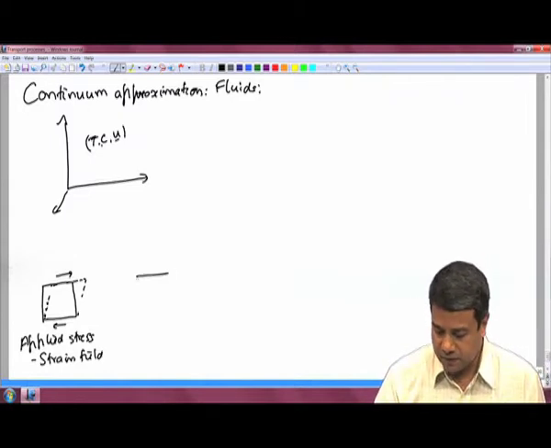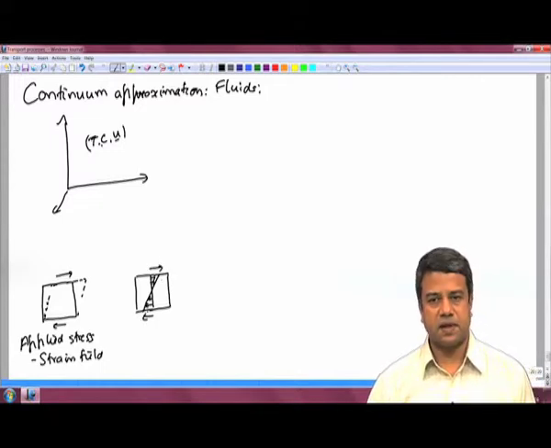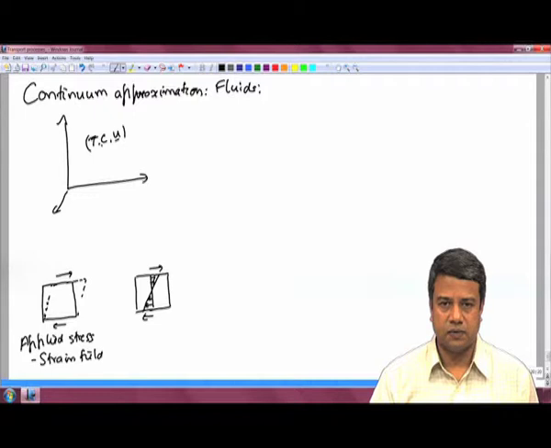Whereas, to a fluid, if you apply a stress, there is a continuous velocity. As long as stress is applied, the fluid will continue to flow. It will not stop as long as the stress is applied. Of course, if you remove the stress, then it will come to a rest.